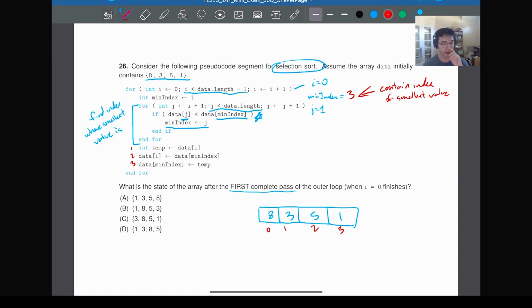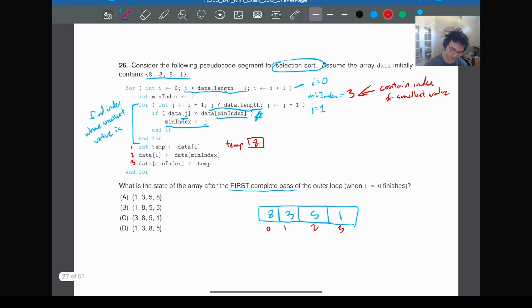So now if we look at the red number 1, that should put inside temp the data i, or i is 0 up here, right? So that should put in 8. Data i is getting data min index. So what is this data min index?